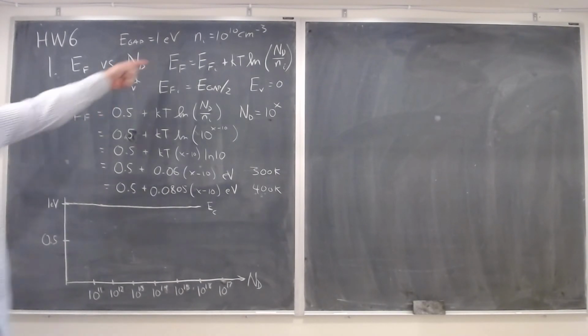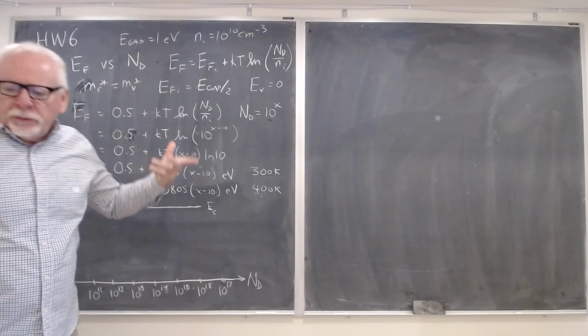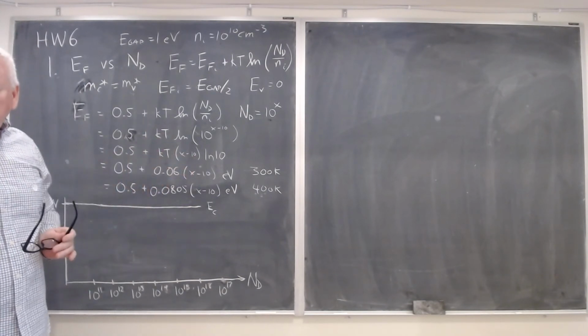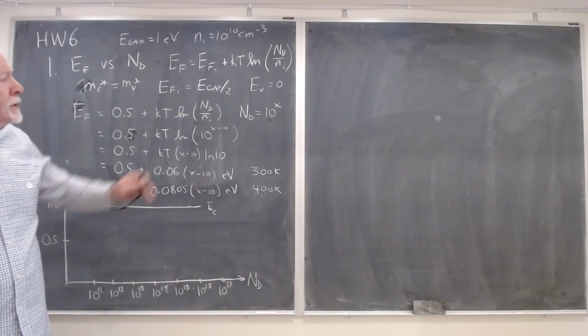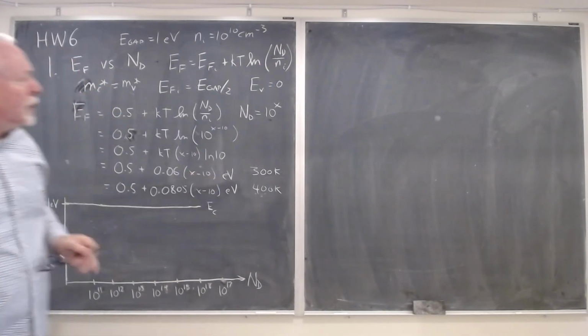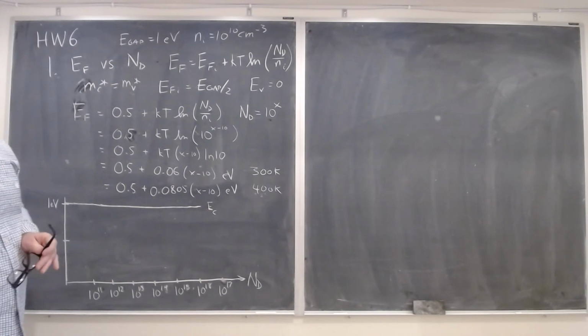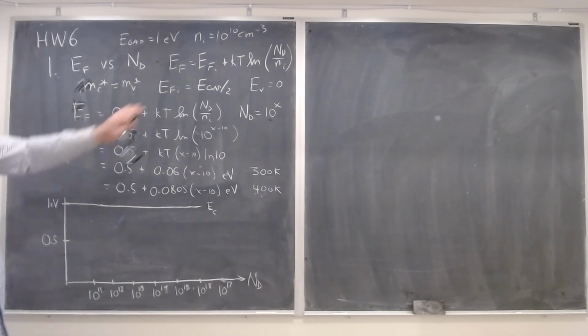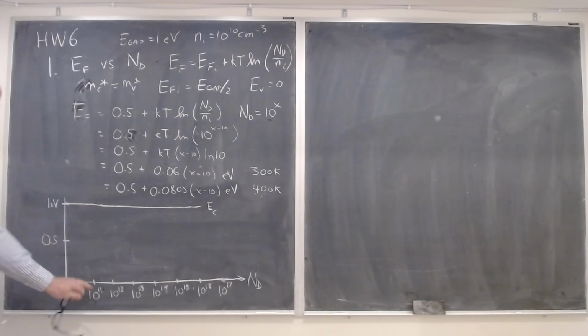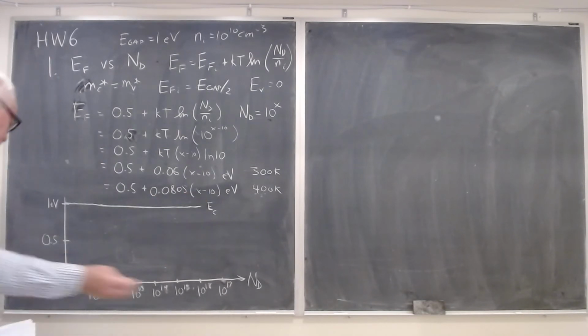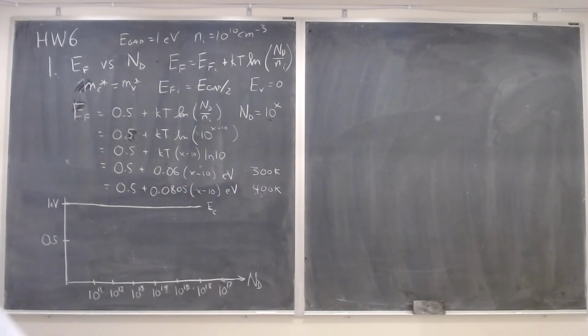Because remember, this formula, because when we did the ni squared thing, we assumed that n was approximately equal to Nd. And so that's only true if Nd is much greater than Ni. So since Ni is 10 to the 10th, we can sort of start at 10 to the 11th, or x equals 11. So then for 300 Kelvin, let's do 300 Kelvin first.